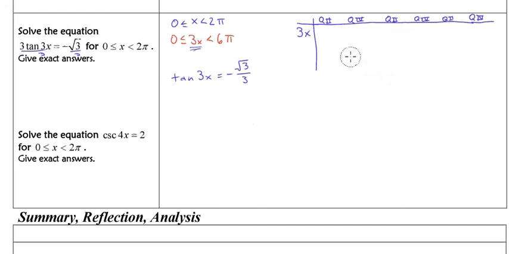Okay, let's find them. So tangent of 3x. When would we have the tangent of something giving us negative root 3 over 3? Well, that root 3 gives us a big hint that it has to be a 30, 60, 90 right triangle, because these are exact answers, ones that we know.